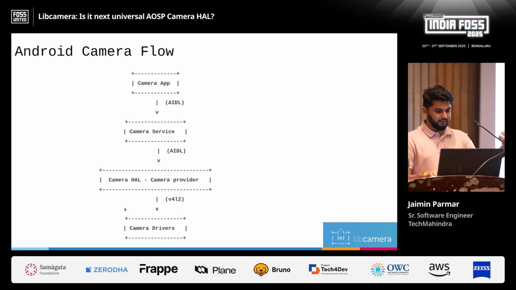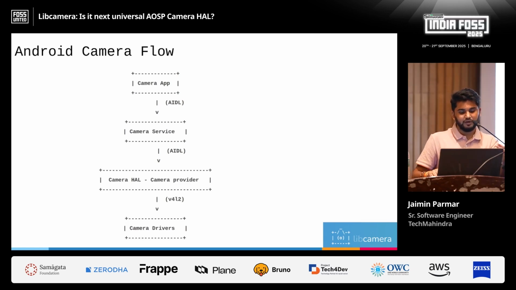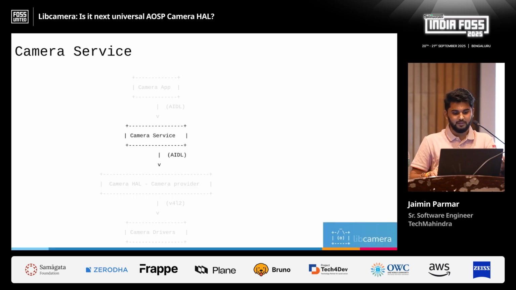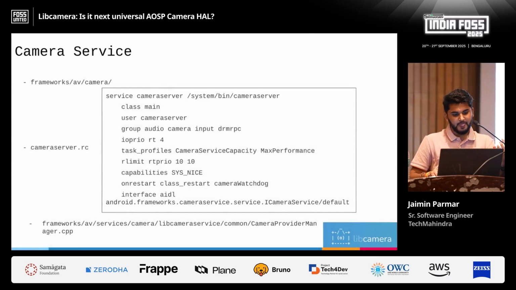Okay, so let's see. We will go through the flow of how the camera will work in the Android AOSP. I'm not going to cover the camera app here, so we will directly come to the camera service. In the AOSP, the camera server is started by the init process only.